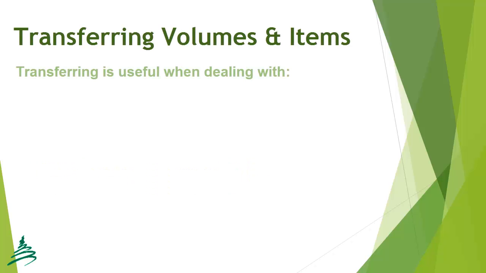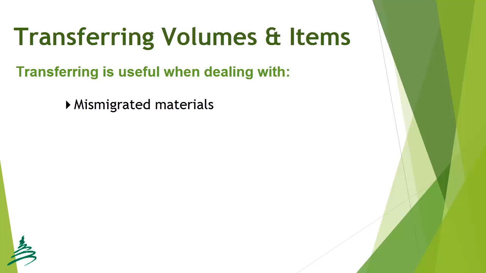When you're transferring or moving volumes and items from one record to another, or from one branch to another if you have multiple locations, it can be helpful when a new library comes on during a migration and items get attached to the incorrect record. You need to know how to transfer items and volumes then.